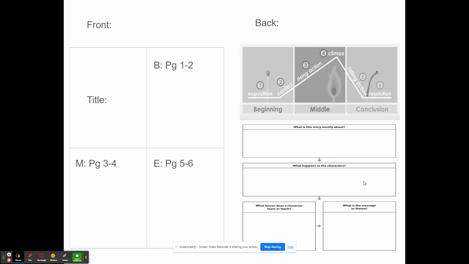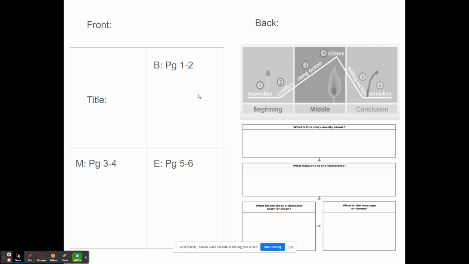You're going to read the card together with your partner, and while you're reading, you are going to do a Foursquare summary. You'll write the title of the story you chose on the front side of your paper. You will write beginning in one square, and you're going to read page 1 and 2.